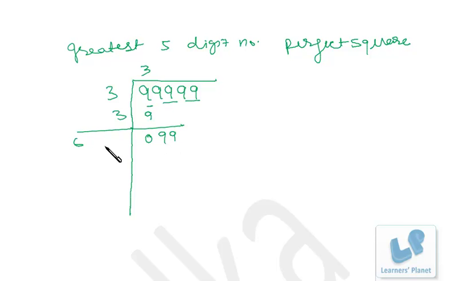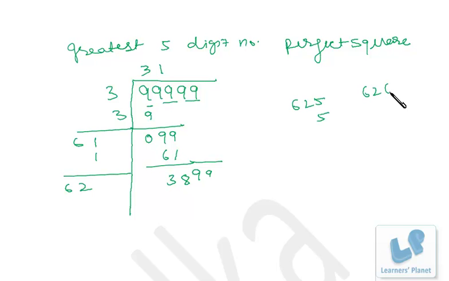99999. 62 2 will be greater than this, so we'll take 61 1. It's 62. 9 minus 1 8, 9 minus 6 3. Then we have to take 99. Now 23 3, 624 4, 625 5, and 626 6.